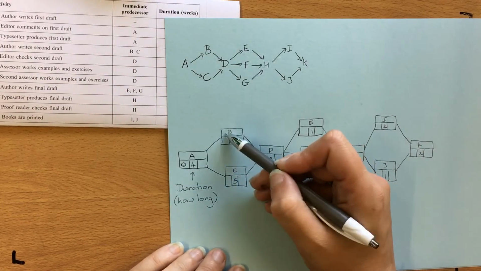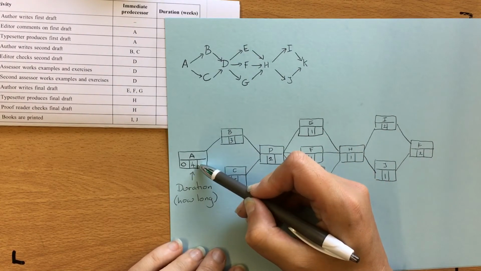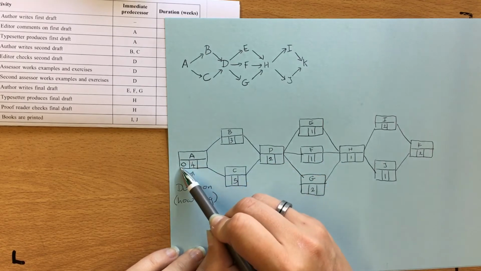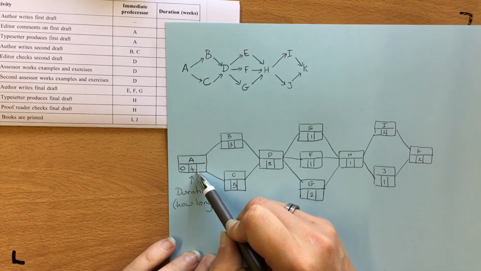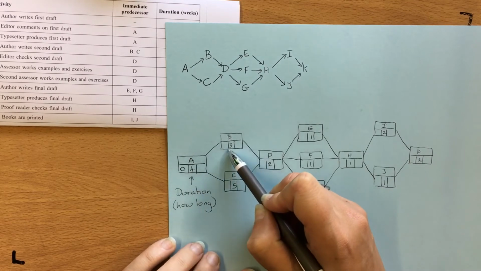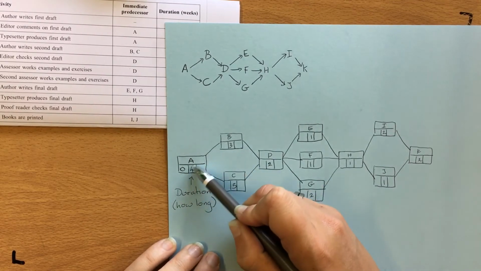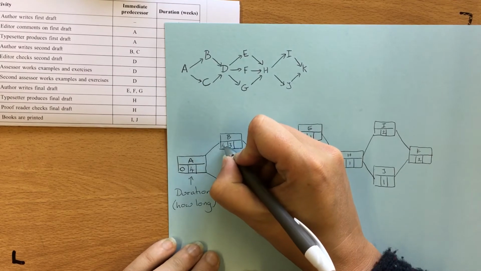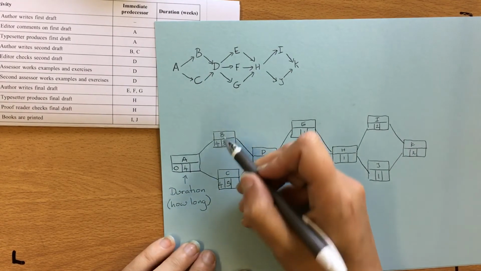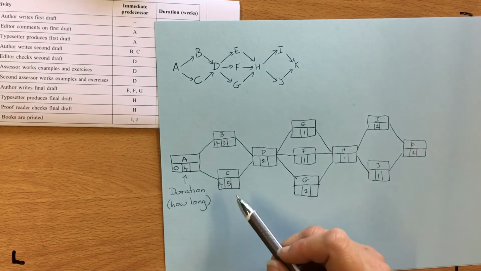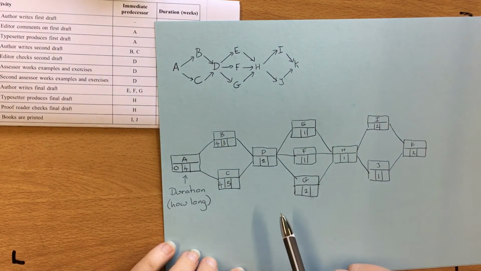For B and C to start, A has to have finished. So if A starts at 0 and has a duration of 4 weeks, then B can't start until A's 4 weeks have finished. So B is going to be 4 weeks, and the earliest time that B and C can start is that 4 weeks.